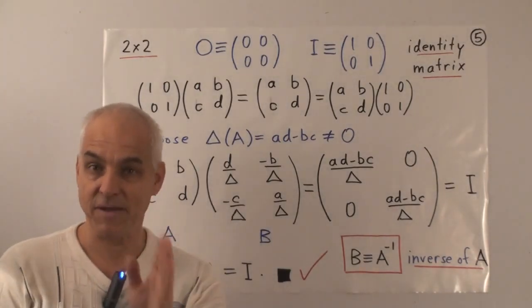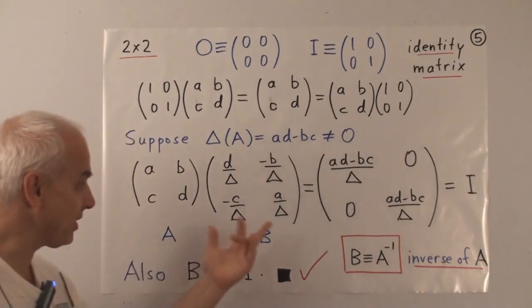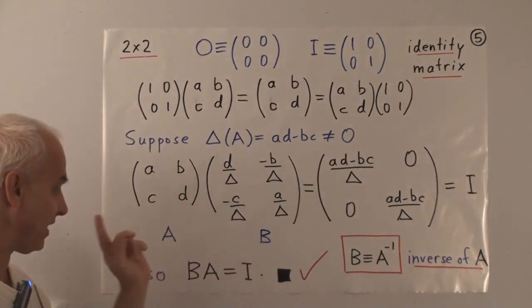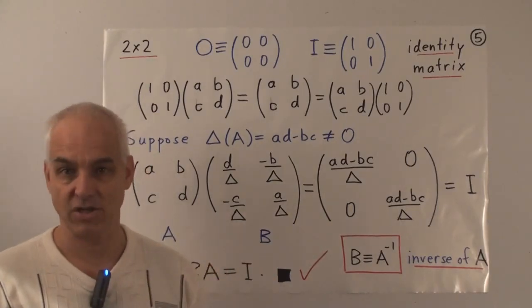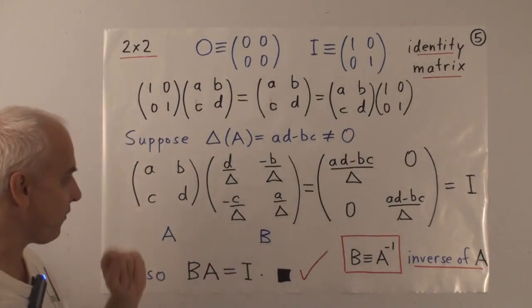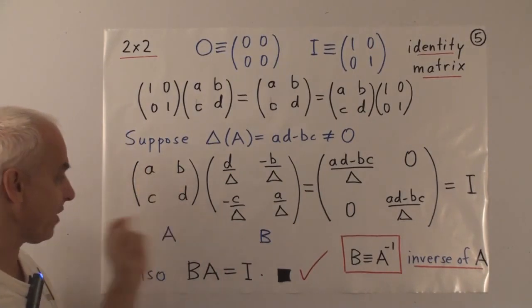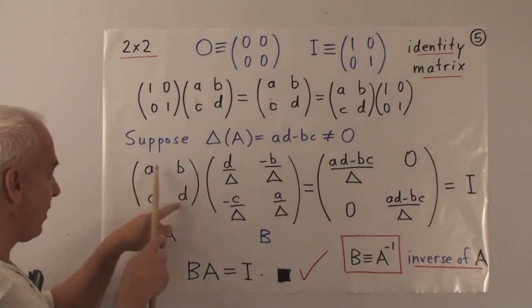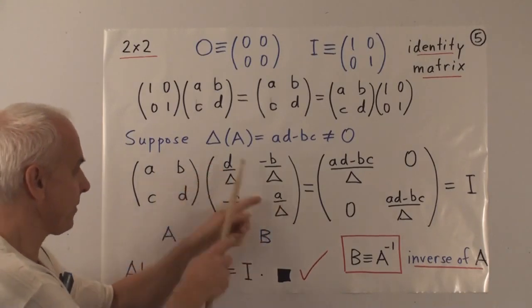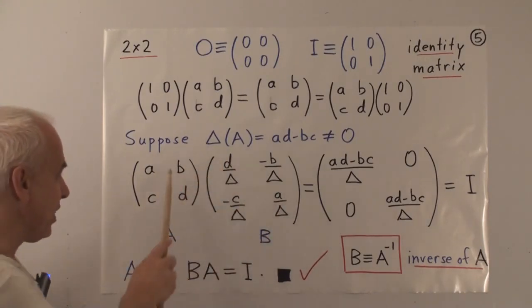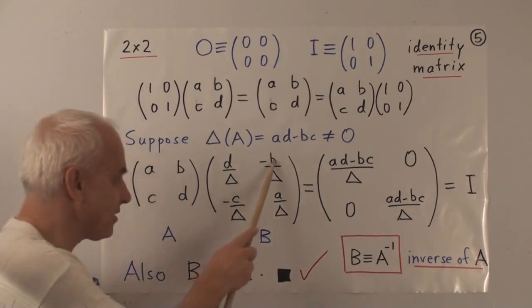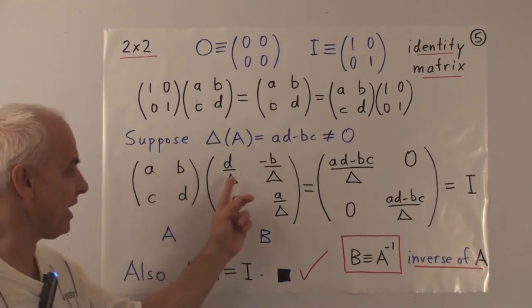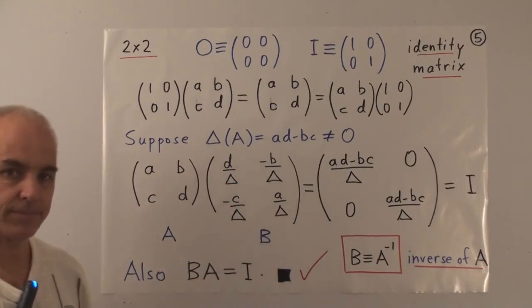I told you this was the fundamental problem in linear algebra, and here we see that it's intimately connected with finding the inverse of this matrix in this arithmetic situation. Okay, and what was the formula? We took the entries of the matrix A and swapped D and A, the diagonal entries, and we negated the off-diagonal entries, minus B and minus C, and we divided each of them by the determinant.